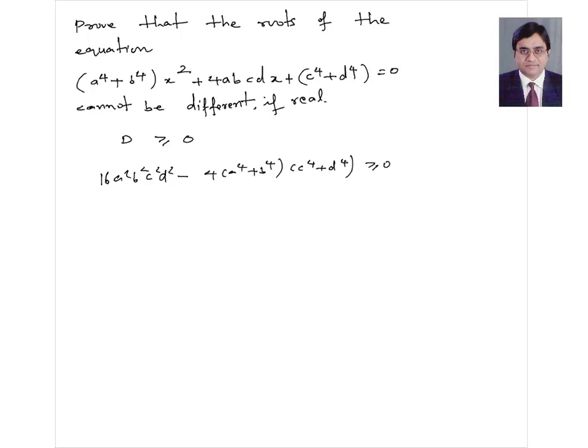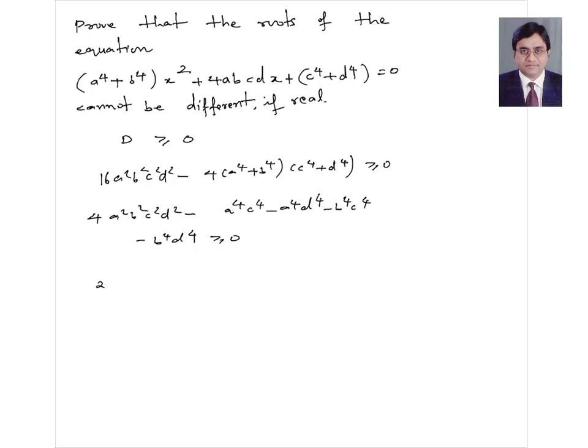Now we can divide by a positive number. Dividing by 4 is allowed. And then we open up the whole thing. Now the key step was this step, breaking 4 into 2 pieces, 2 plus 2.